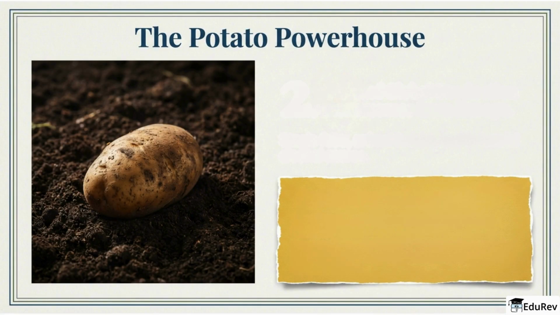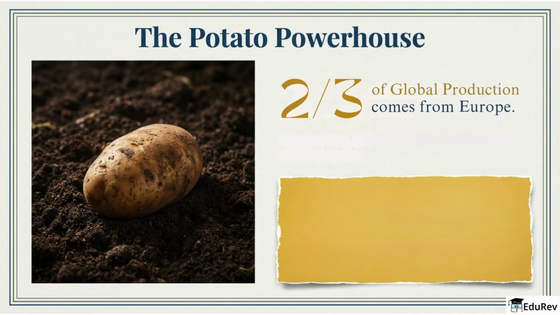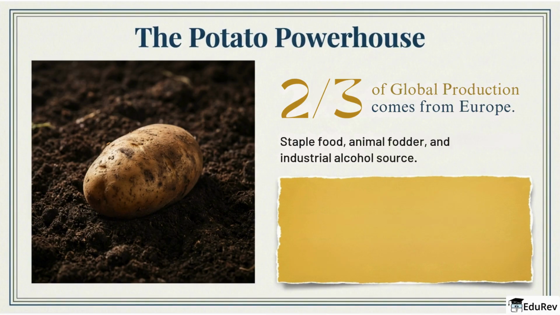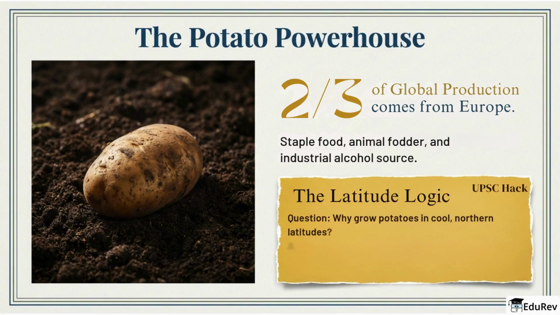Now the potato story. Europe is the potato powerhouse, producing about 2/3 of global production. And potato is not just a food crop. It is used as a staple food, an animal fodder, and even a source of industrial alcohol. Now the deeper logic. Why grow potatoes so successfully in cool northern latitudes?